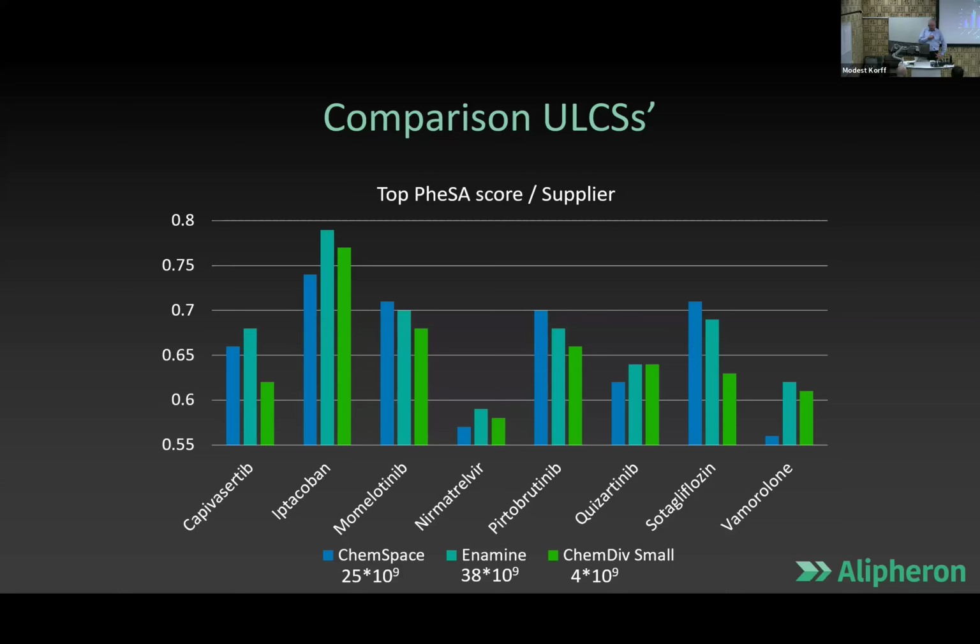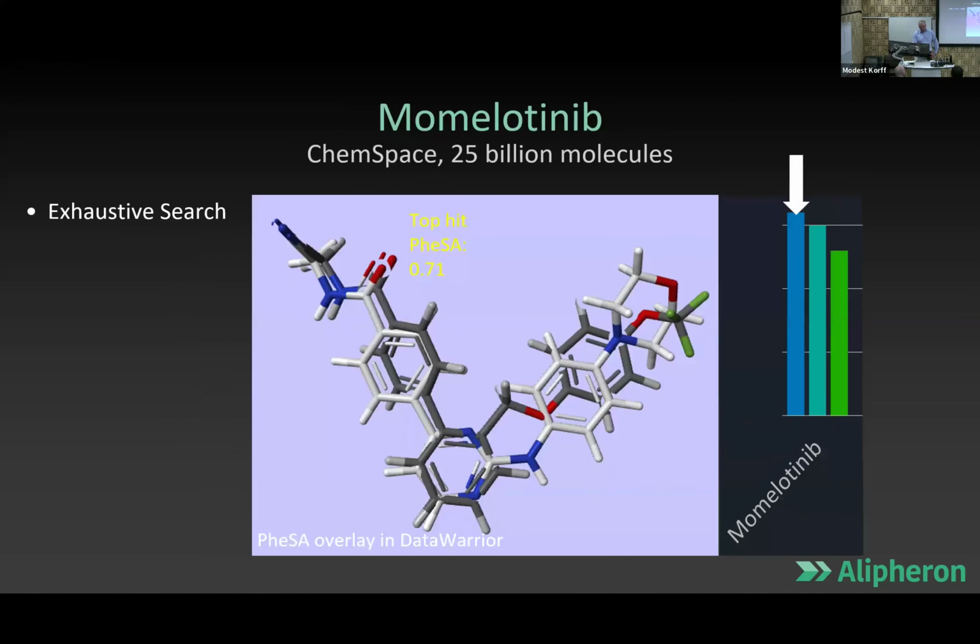And so we see here that for 5 out of 8 query molecules, we found something reasonable, always in different libraries. I will now show you the examples. For this one, we found momelotinib analogs in ChemSpace.